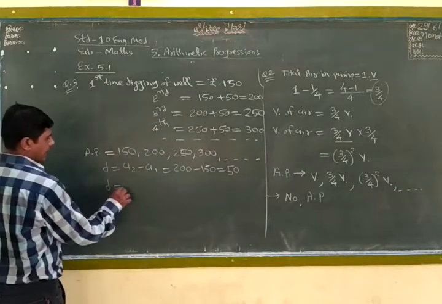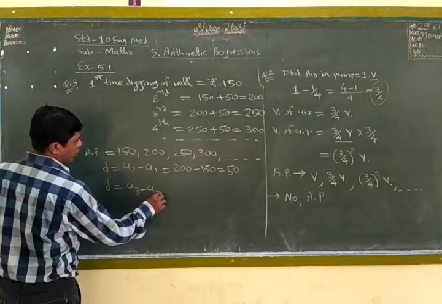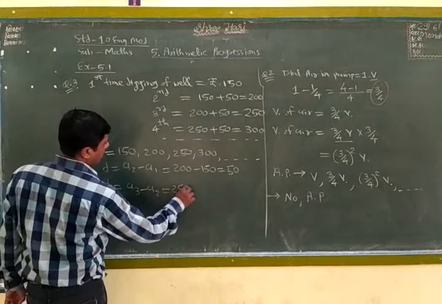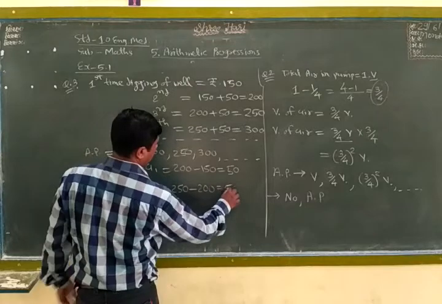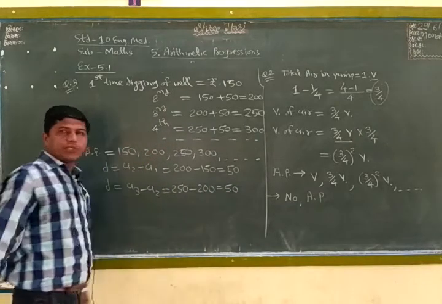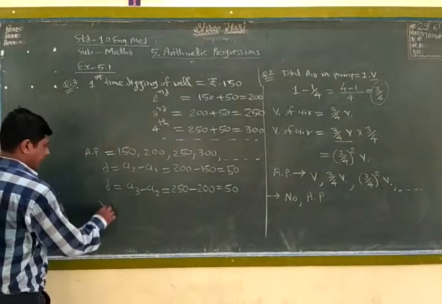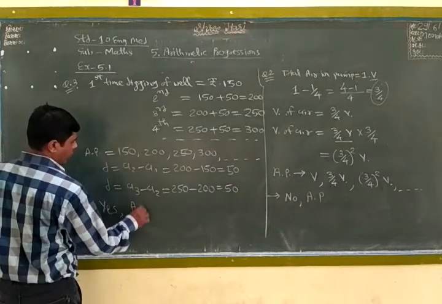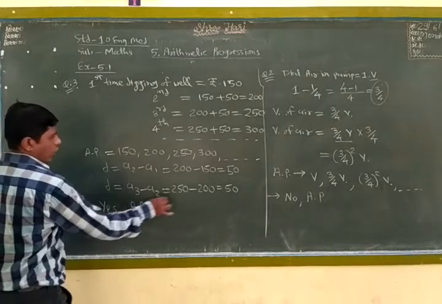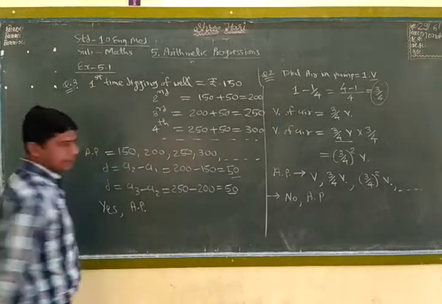Now second time, A3 minus A2, 250 minus 200, so 50. It means the common difference is the same, so we can say that yes, it is an arithmetic progression, because the common difference is the same.